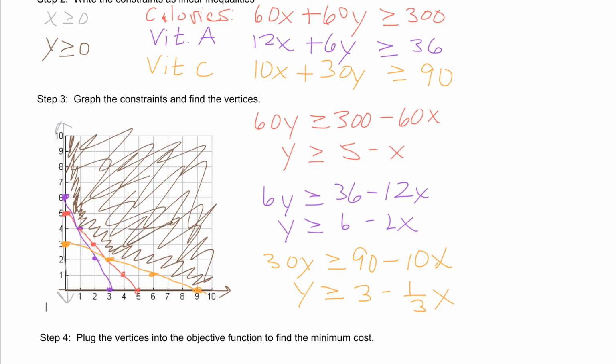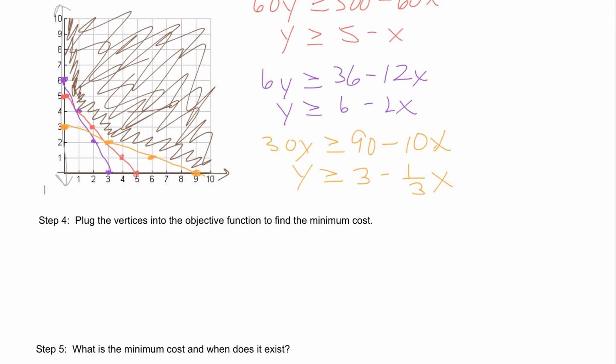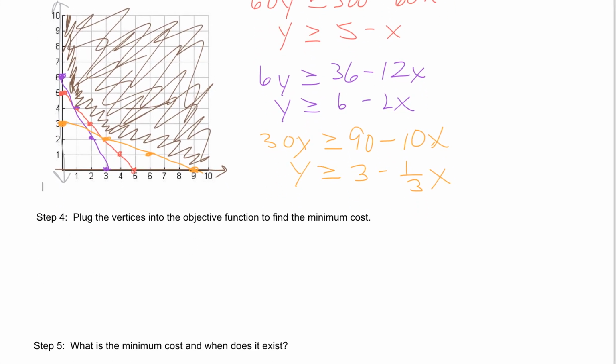My next step then is to find my vertices. So let's move this up. Let's take a look at my graph, and we're going to find those vertices and we're going to plug them into our objective function. As we move along, we're looking for the intersection, anything that intersects around our shaded region.